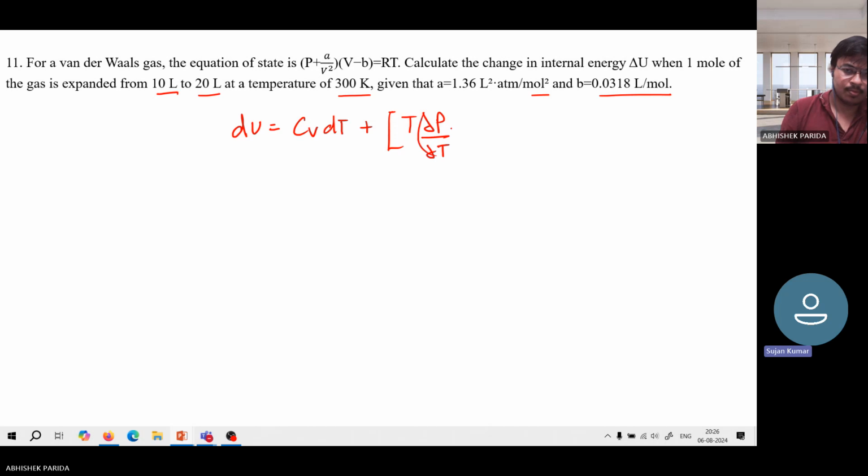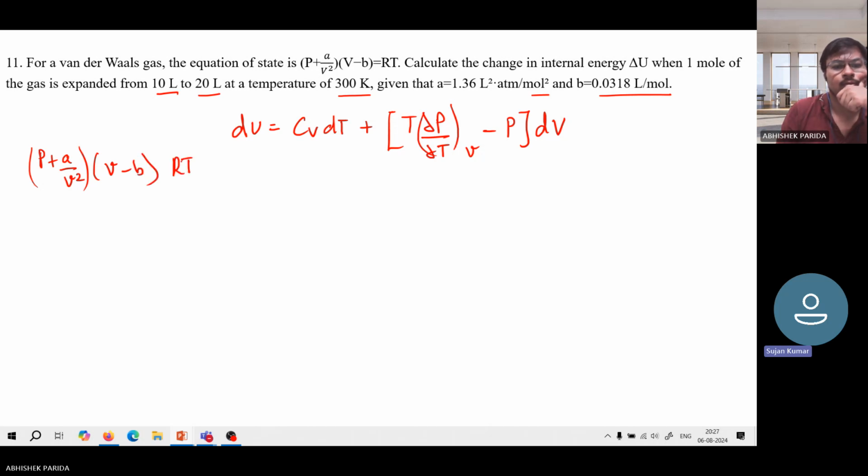Then dou P by dou T at constant volume is equal to R divided by V minus B. We need to substitute dou P by dou T in the general change in internal energy equation. Then RT by V minus B gets cancelled and what remains is A by V square. So the formula becomes CV dT plus A by V square dV.